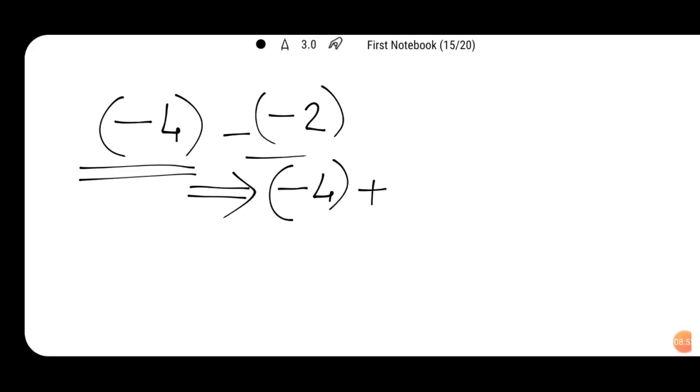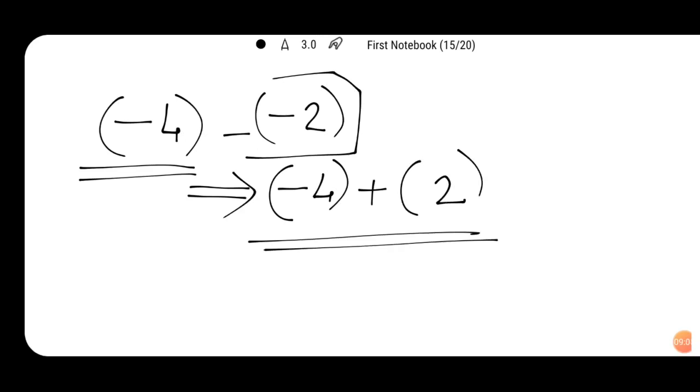Then we will take the additive inverse of negative 2. Additive inverse of negative 2 is positive 2. Now it has become addition of integers with different signs. Here we will subtract, that is 4 minus 2 is 2, and we will give the sign of the bigger number. The bigger number here is 4. What is the sign of 4? It is negative. So our answer is negative 2.